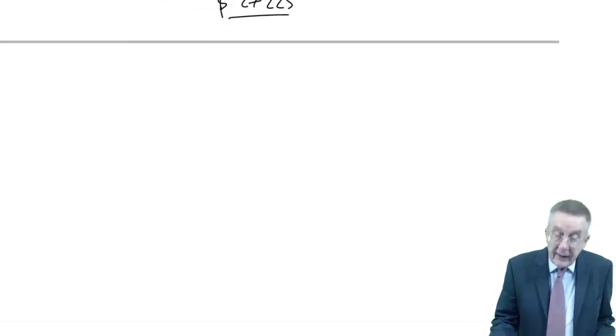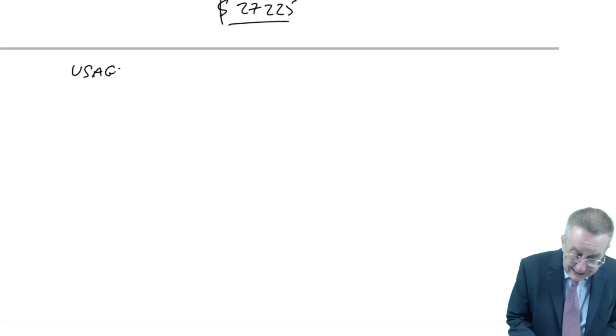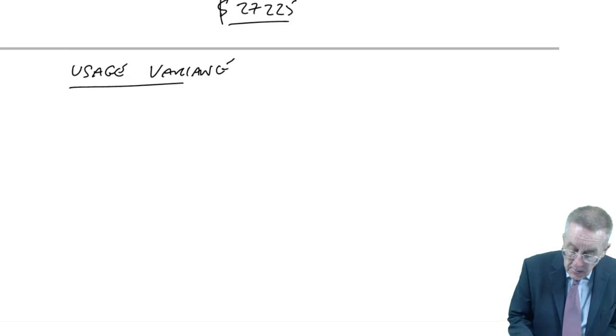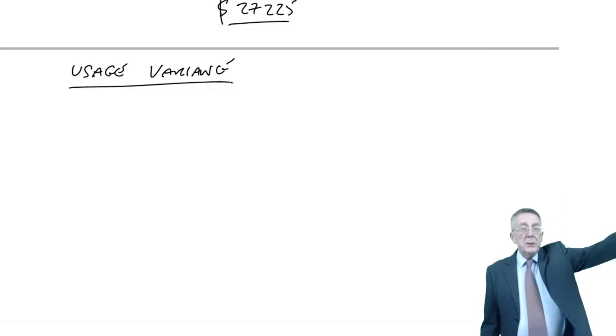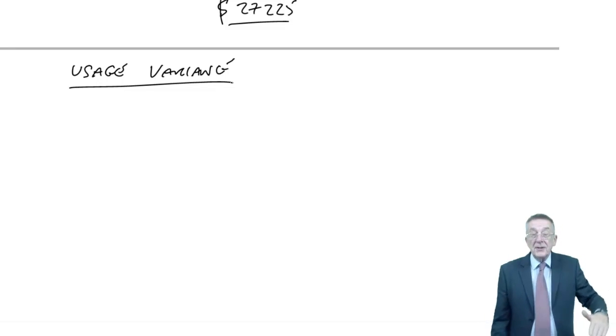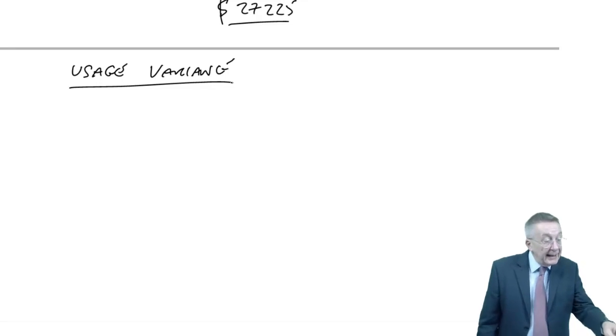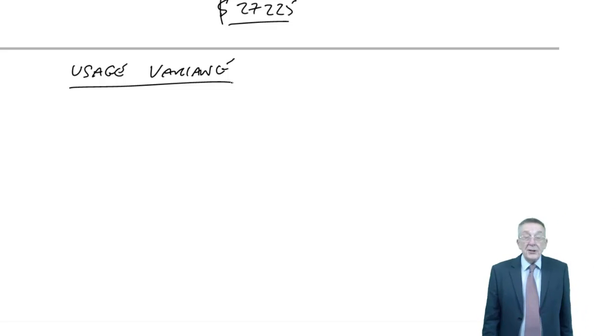Anyway, we've analysed the expenditure variance. What about the usage variance? What did we do before? Without me winding back, we compared actual usage with the original standard usage. But again, although we originally budgeted on 10 kilos a unit, for some reason it's changed to 9.5.